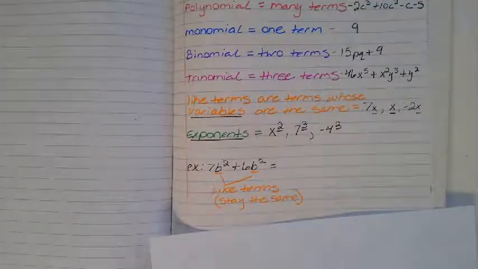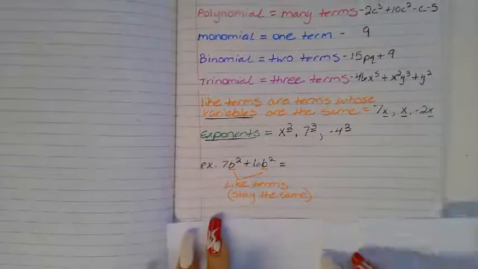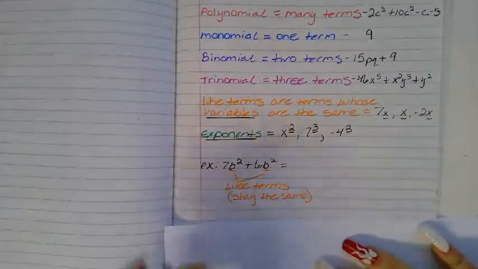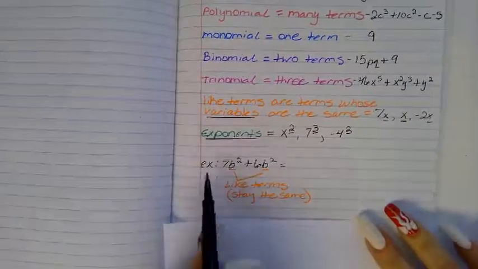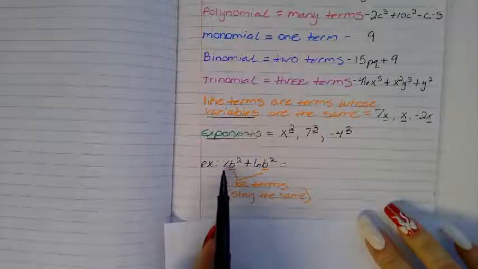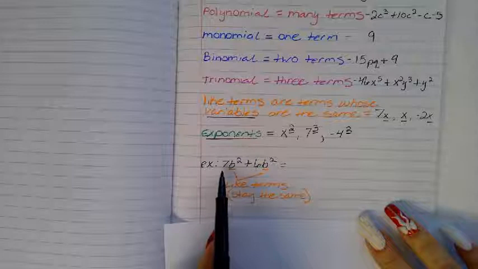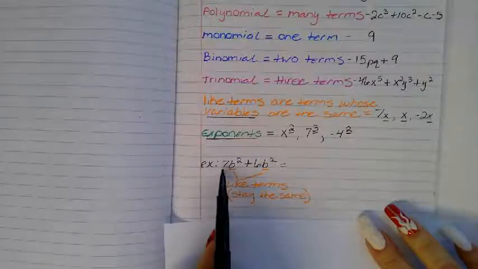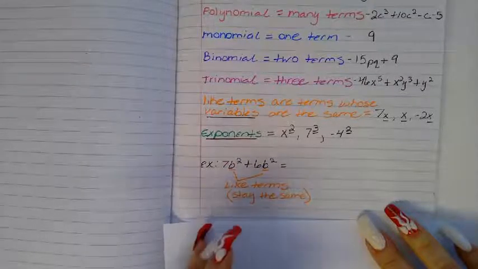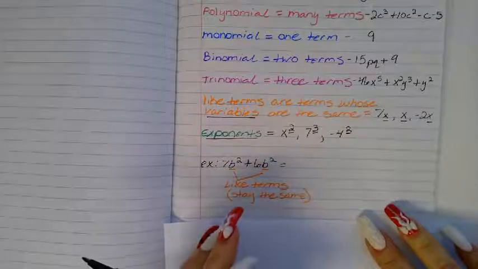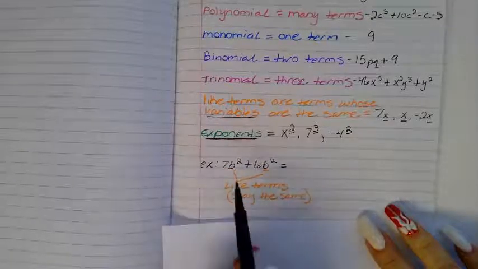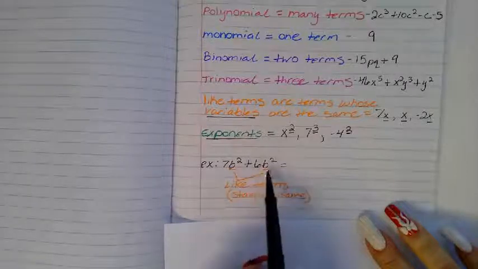Okay. So, when we have something like this, we're just going to take, and also I didn't underline it, but the 7 and the 6, those are like terms, right, guys? So they're just numbers, right? They're like terms. So 7 plus 6, but actually they wouldn't be because that wouldn't follow the rule, because they won't stay the same. So we'll just look at the ones with the variables.